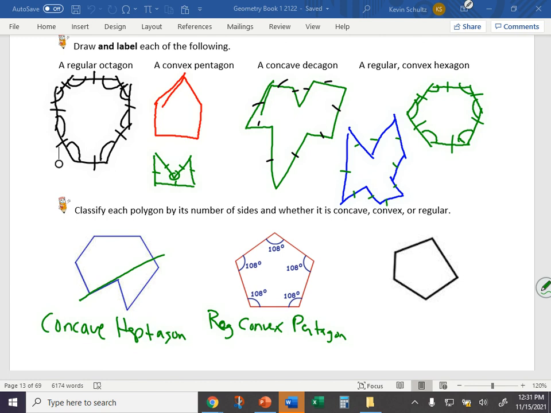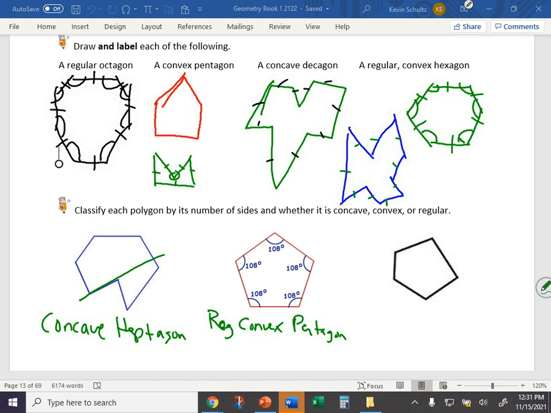Yes, Drake. Because it doesn't have the congruent marks. Drake brings up a valid point here. He's saying, how can we be sure it's regular without those congruency markers on the sides? The fact that all these angles are equal, by definition, the sides have to be equal as well.